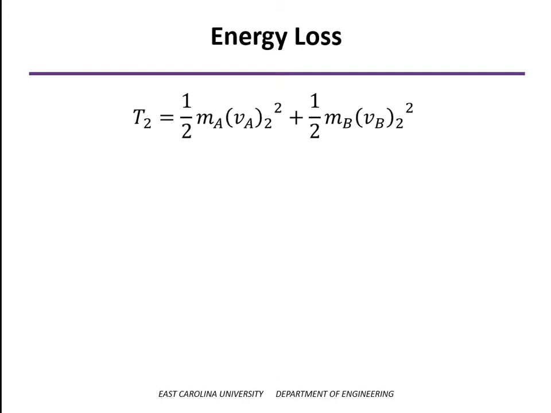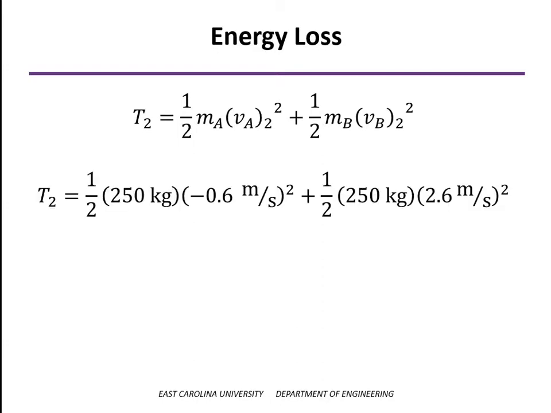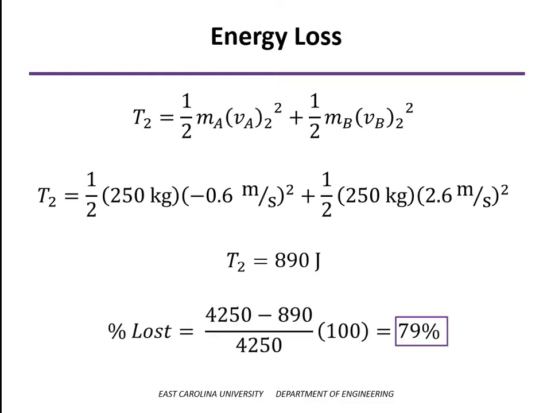Plugging in the masses and the velocities that we calculated after collision, we see that the kinetic energy after the collision is only 890 joules. So we see that 79% of the kinetic energy before the collision was lost during the collision.